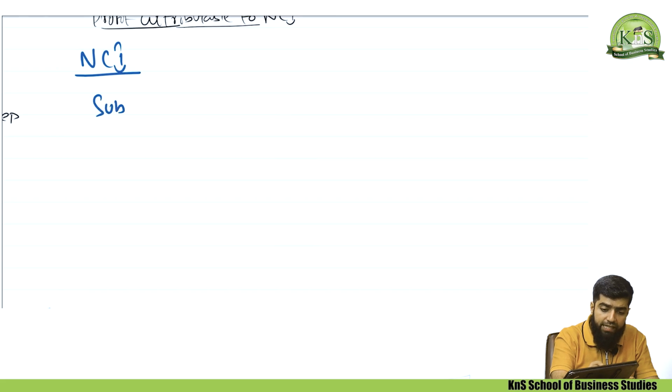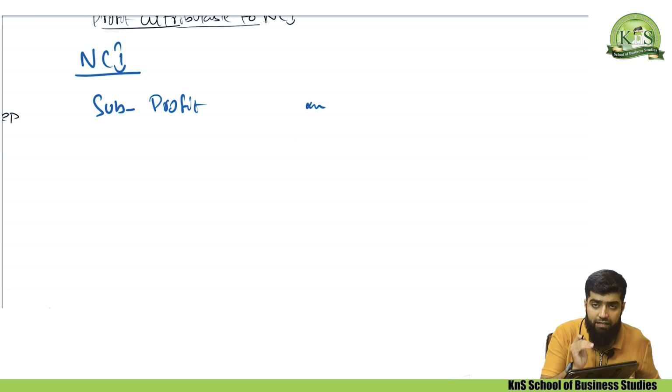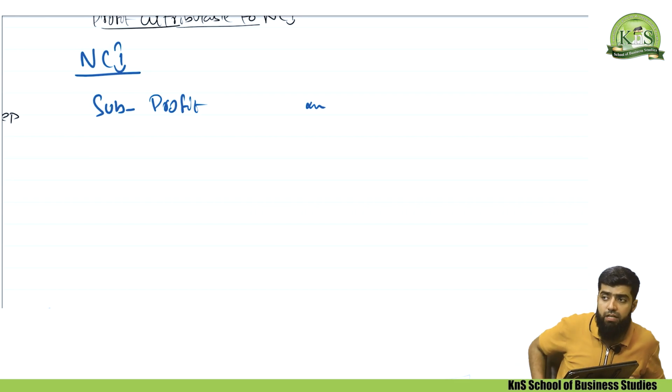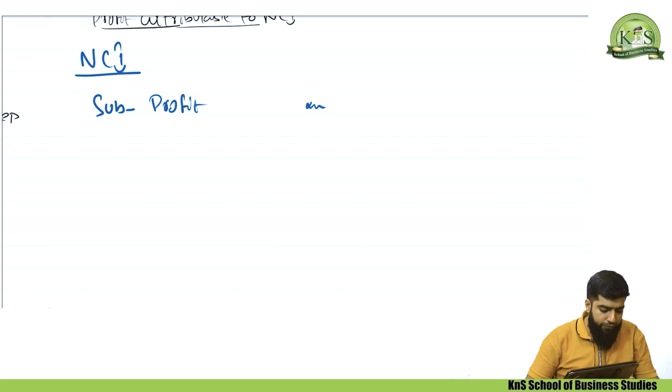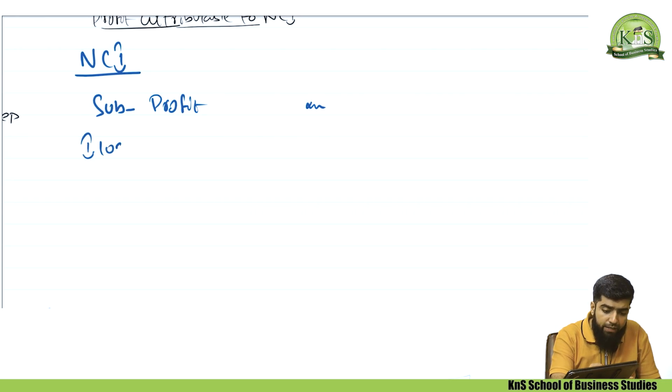First of all, we'll take the profit of the subsidiary company from the individual financial statement, and we all know that the individual financial statement is unadjusted right now. We have made adjustments, but those are in the consolidated statement of profit and loss. So far, we have taken this profit from the individual account, and that is the unadjusted profit. We need to make certain adjustments in that particular profit. First of all, we'll make an adjustment for the impairment loss.